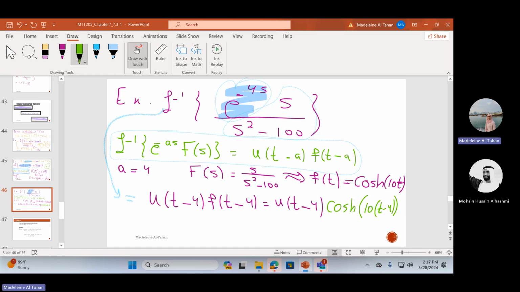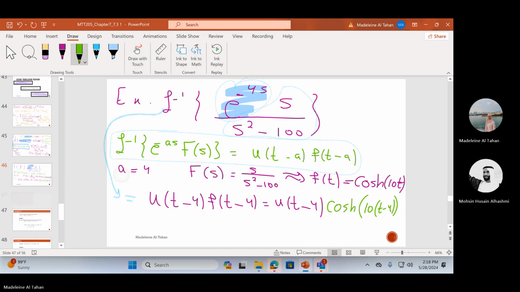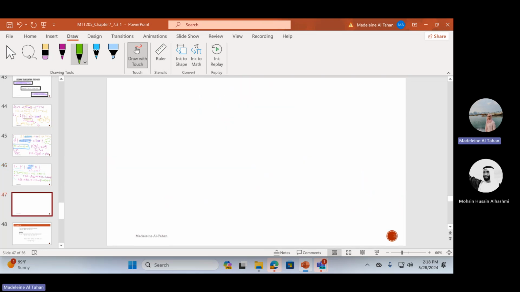Please open the formulas that we wrote about Laplace inverse. We wrote a table. I asked you to write it. While Mohanad is searching for the table, please think about this exercise.